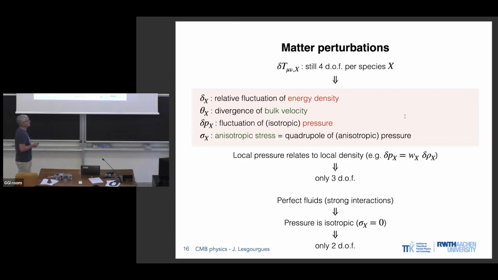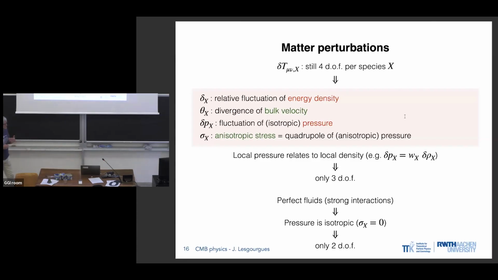We will try as much as possible to use dimensionless functions. Delta x will be the relative fluctuation of energy density, so it's delta rho over the average rho. So it's dimensionless. Theta x will have to do with the bulk velocity of the fluid. The bulk velocity is a 3-vector. It can be expressed as a gradient of a scalar plus a vector perturbation that we don't care about.